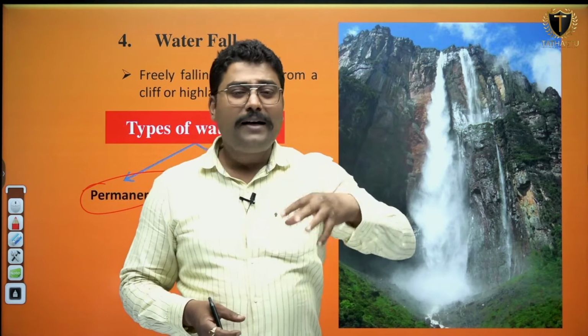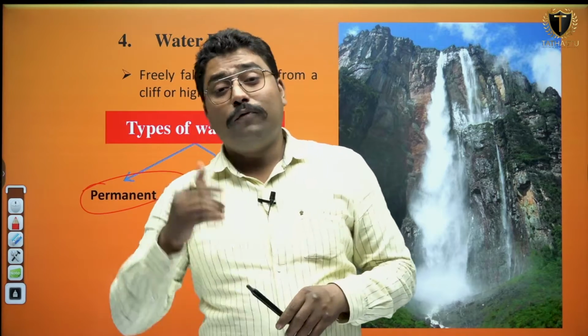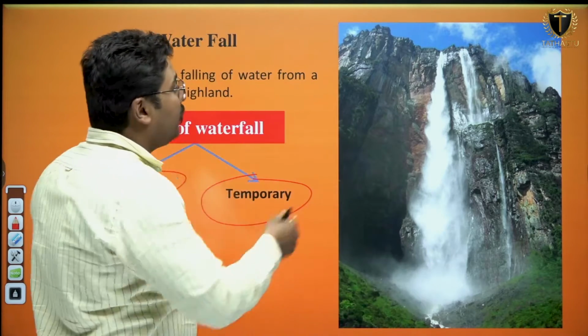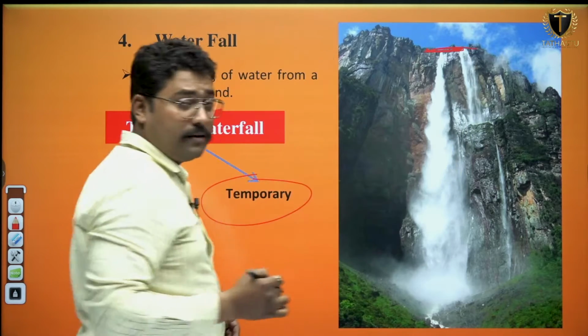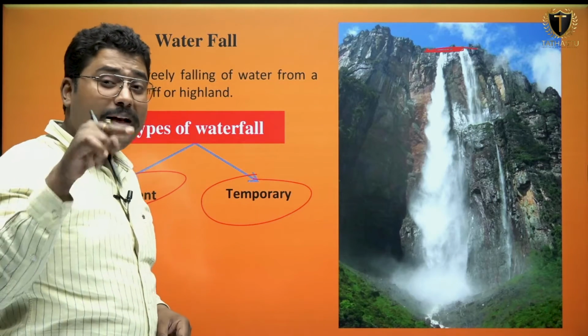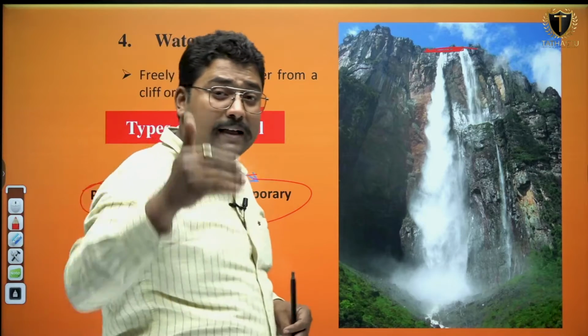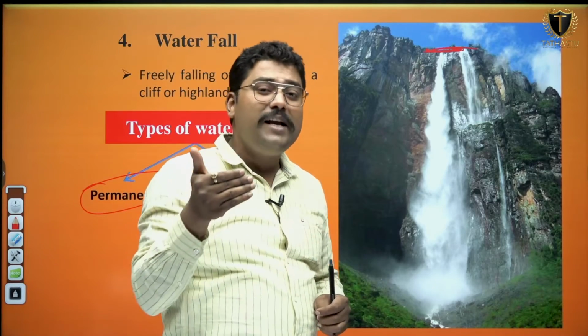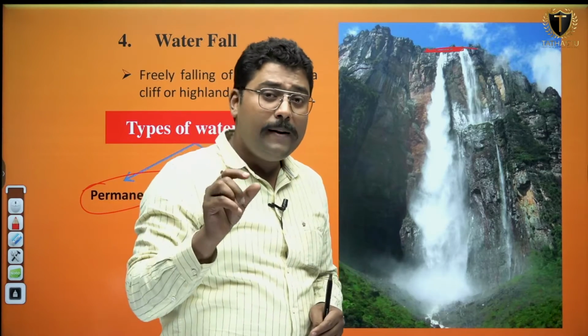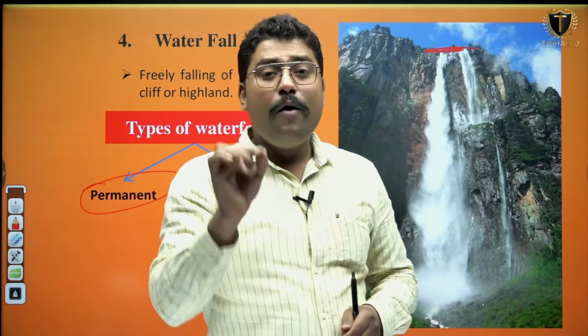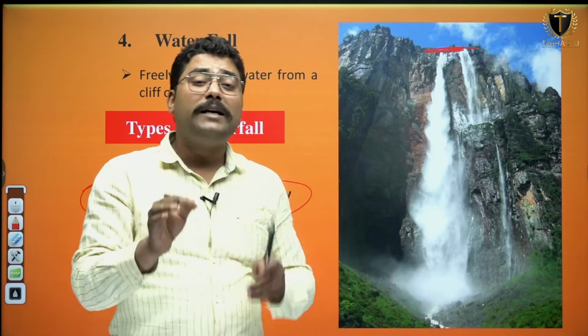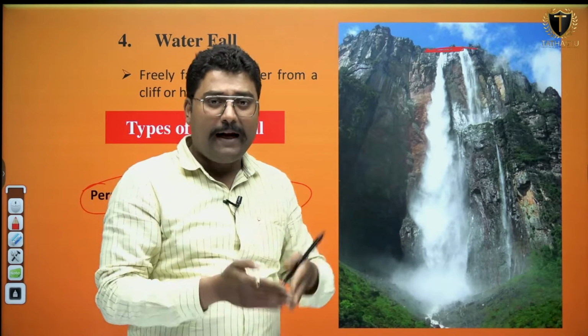When the water falls from the cliff, it erodes the outer part. When it erodes, this means the waterfall is receding back.